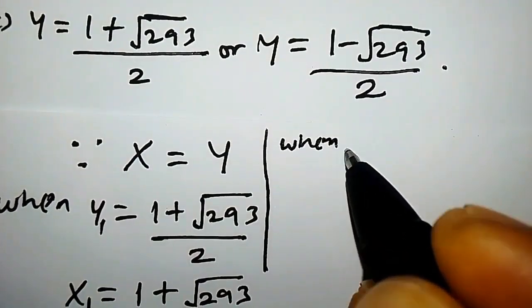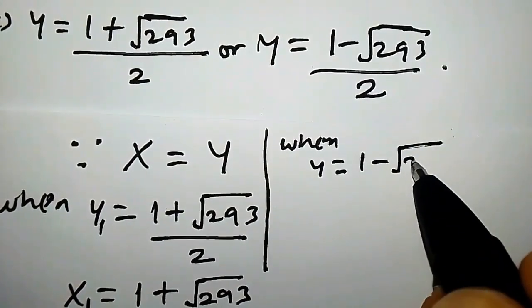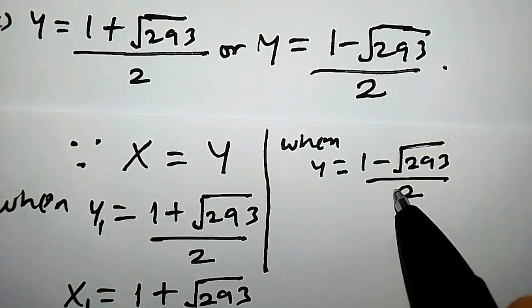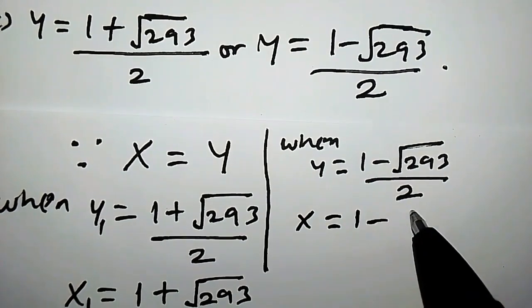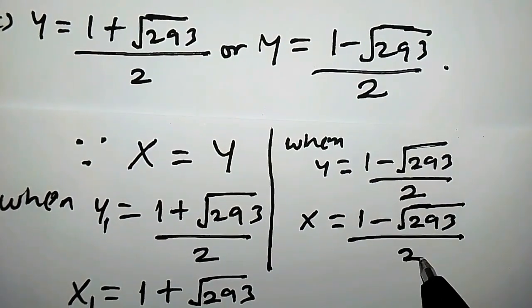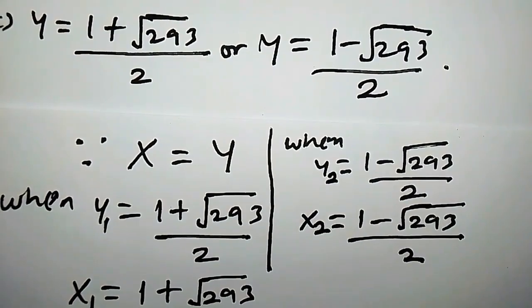When y is equal to (1 minus root 293) divided by 2, by plugging this value of y into this equation, x is equal to (1 minus root 293) divided by 2. Let's call this x2 and this y2.